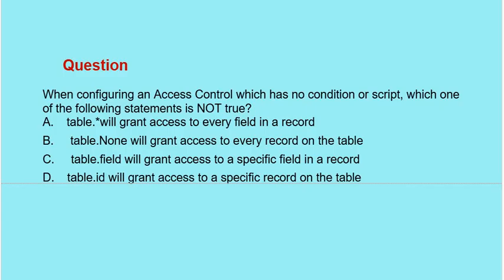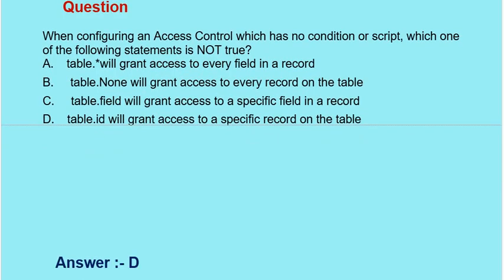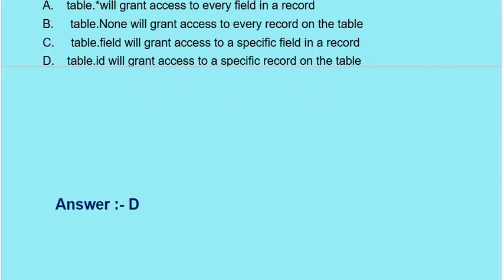Option B, table.none will grant access to every record on the table. Option C, table.field will grant access to a specific field in a record. Option D, table.ID will grant access to a specific record on the table. Correct answer is option D.